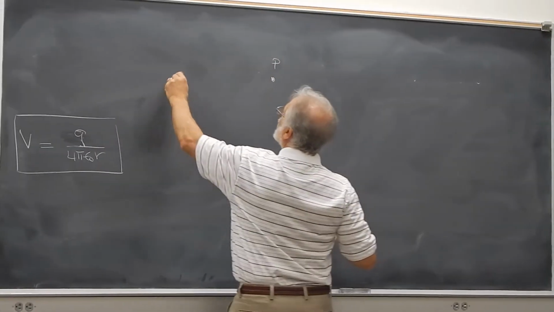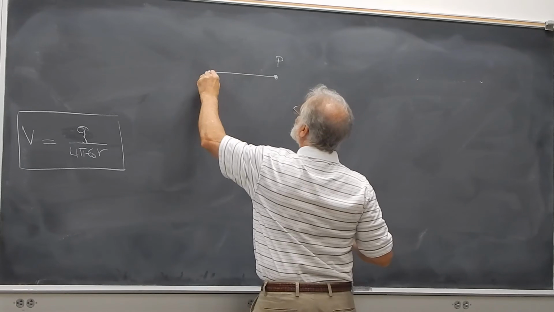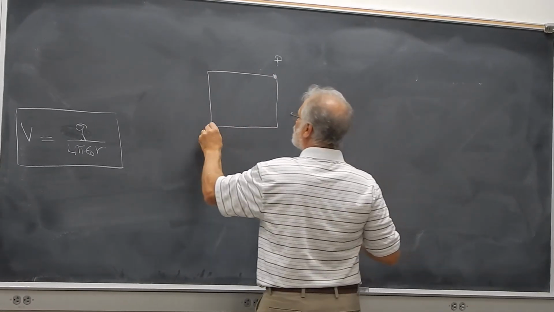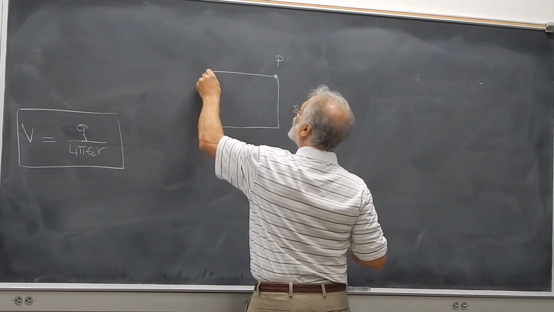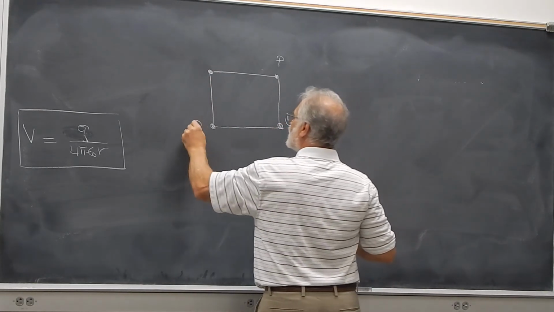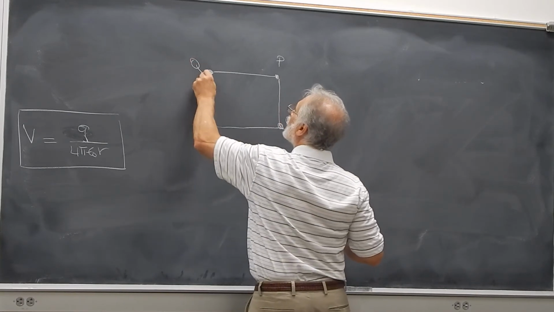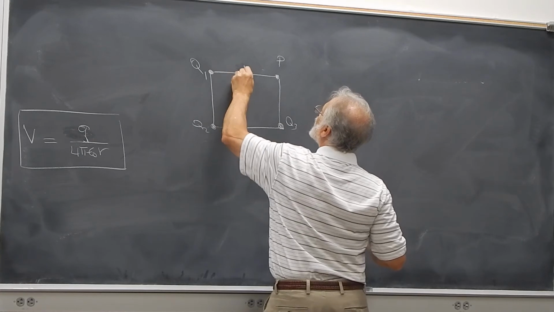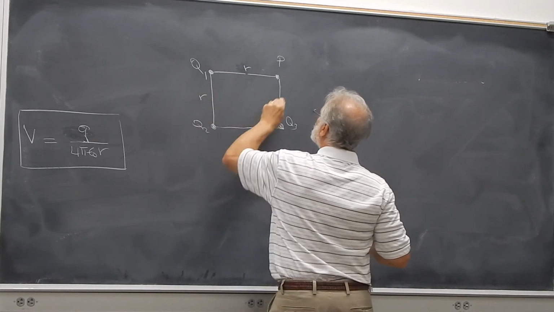So suppose I have a point P over here, and suppose I have, well, let's do something like this. Suppose I have a square, and I have 3 charges, Q3, Q2, Q1, and suppose they're all some distance r.